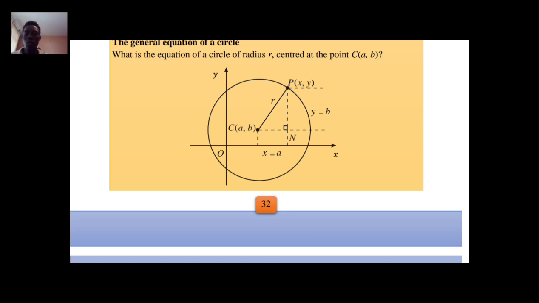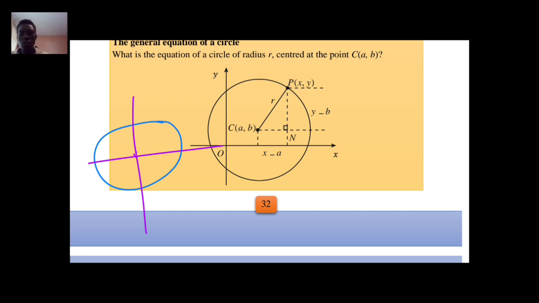So what we said was that when the center of the circle is at the origin, assuming this is our xy plane, and the center of this circle is here, what equation do we use?